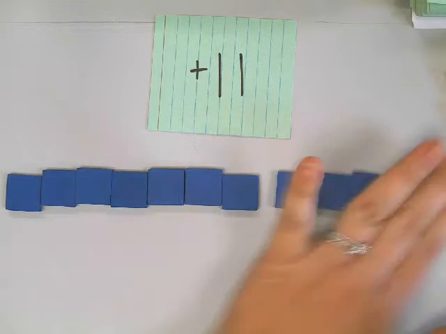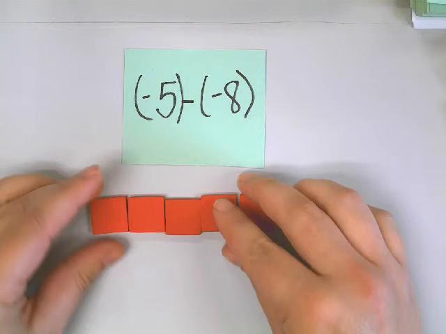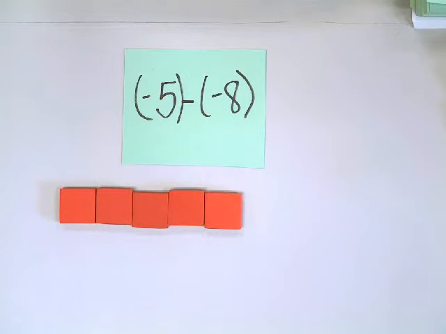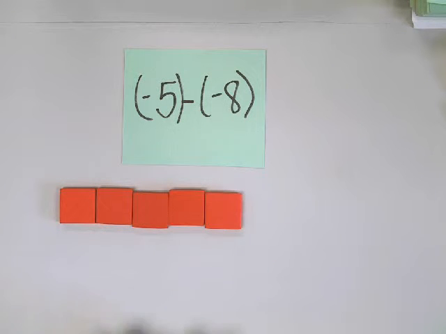All right, we're going to try one more. We're going to try a negative 5 minus a negative 8. So I'm going to build my first integer. There's 5 negatives. Now I need to take away 8 negatives, but I don't have 8 negatives to take away.